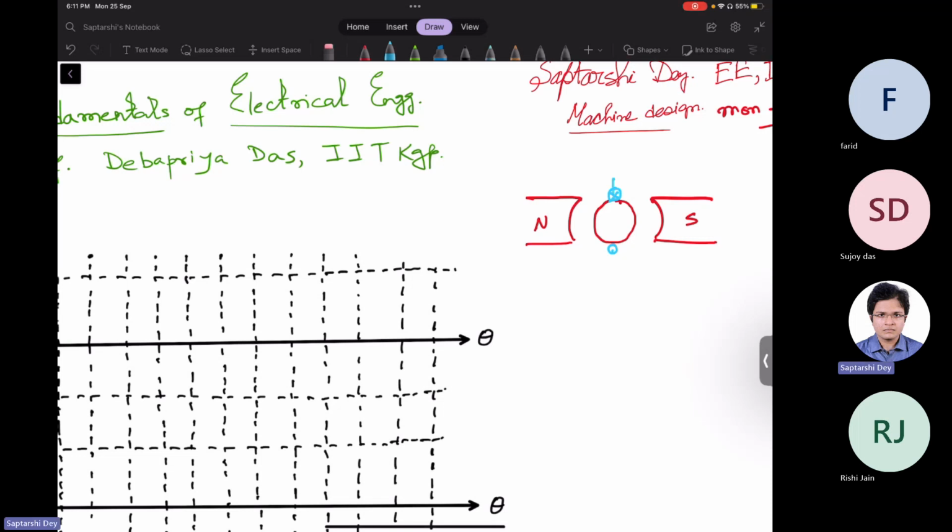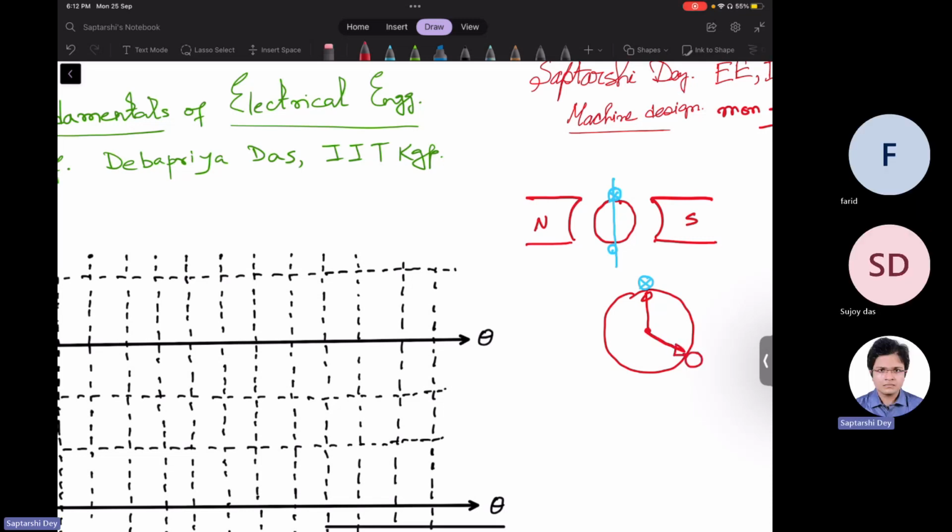Now, if this is one phase and you have three phases, we will put them in 120-degree phase shifted fashion. So let me draw a bigger diagram that will be easier. If the cross of one phase is pointed towards this direction, the other one will be lagging by 120 degree.